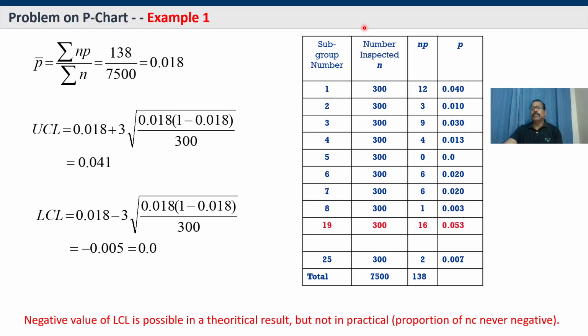Here they gave the total number of products inspected and the subgroup size, each day 300, 300, 300, 300, so you can calculate the summation of small n as 7,500. The number of defectives for each day is given, 12, 3, 9, and if you sum them all, you end up with 138. Finally you can calculate P bar, upper control limit and lower control limit. If any is negative, you can convert it to 0, because practically it is not possible.